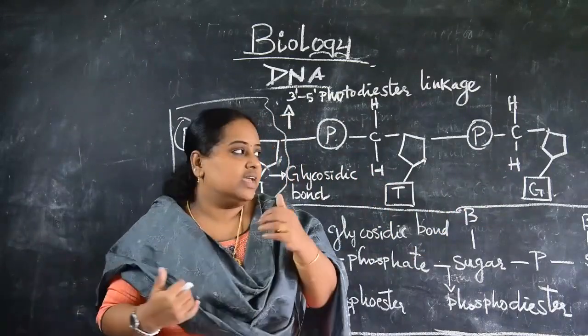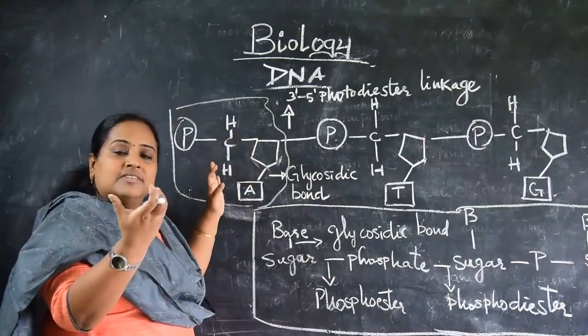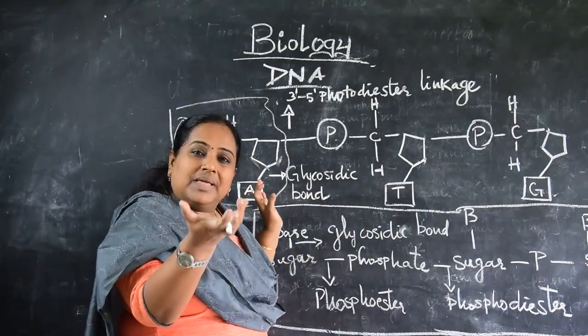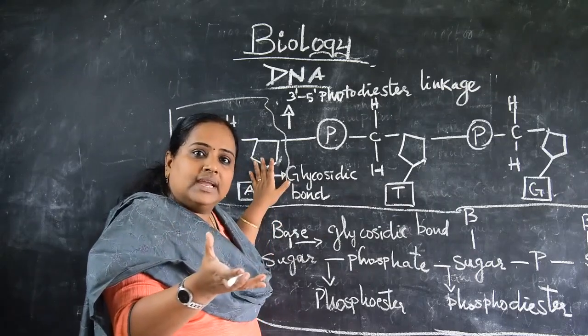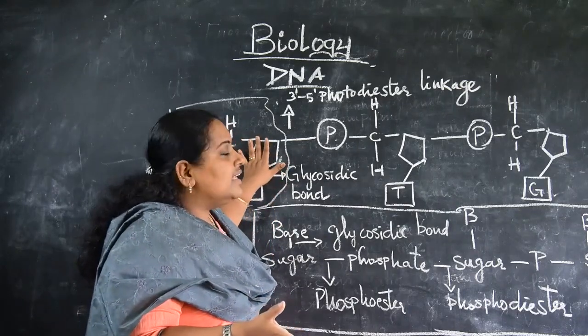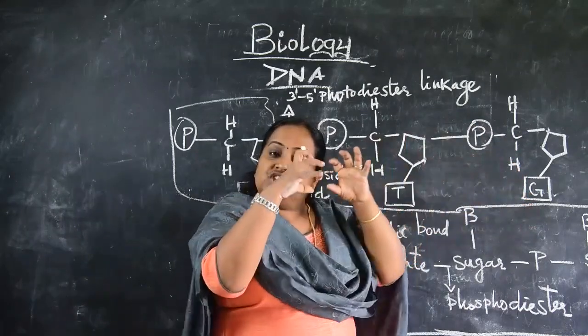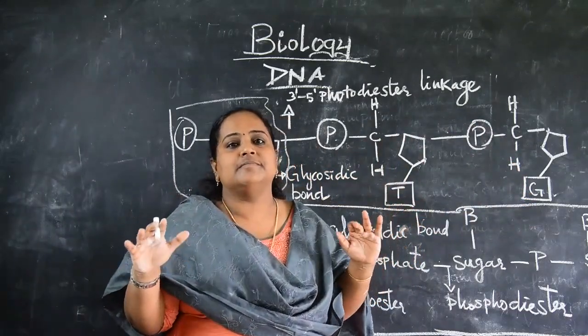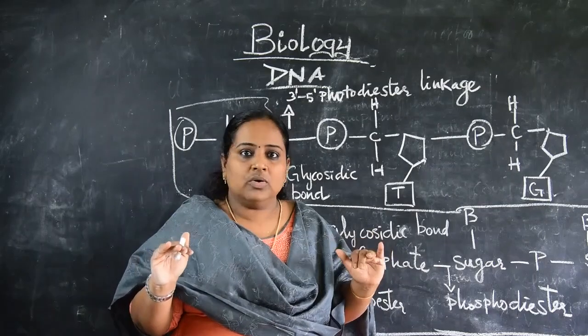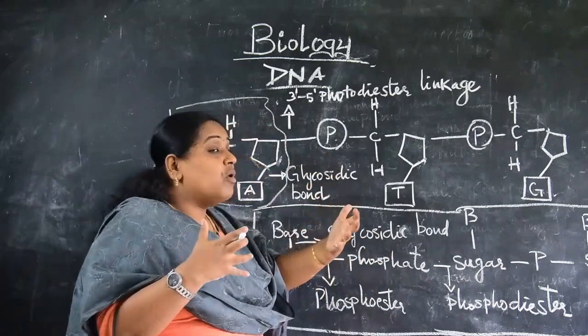We can say it another way also: we can replace the term monomer with nucleotide, so a chain of nucleotides is called a polynucleotide. Now we will see how these are bonded.